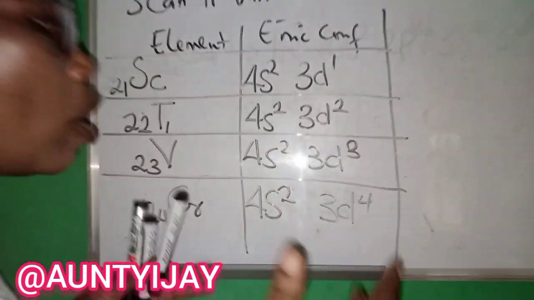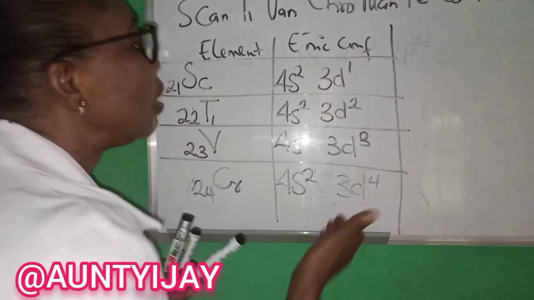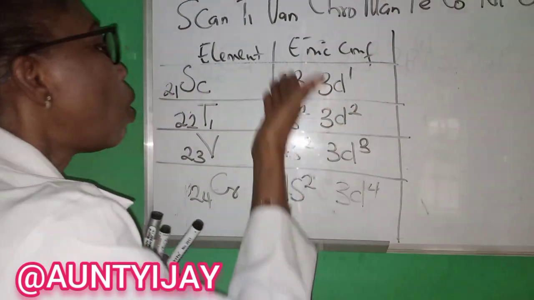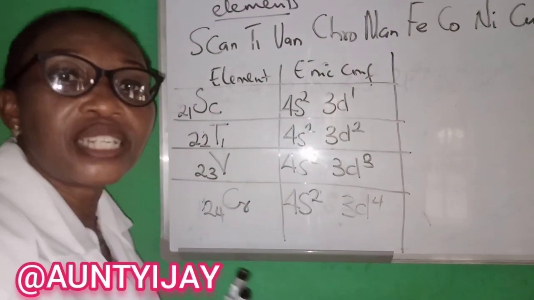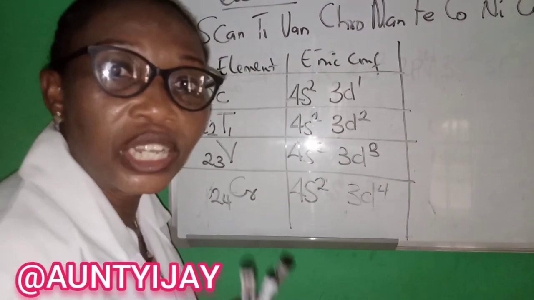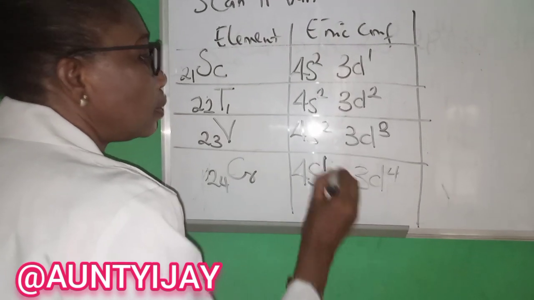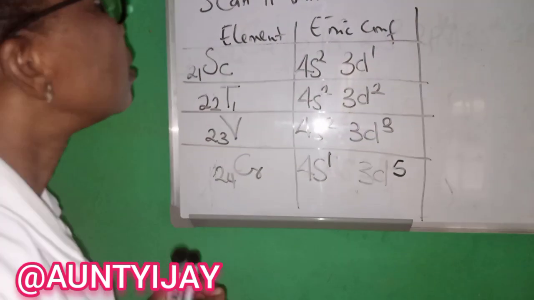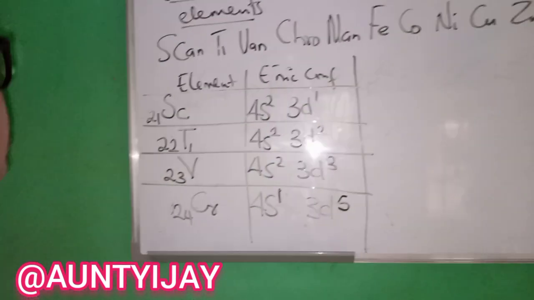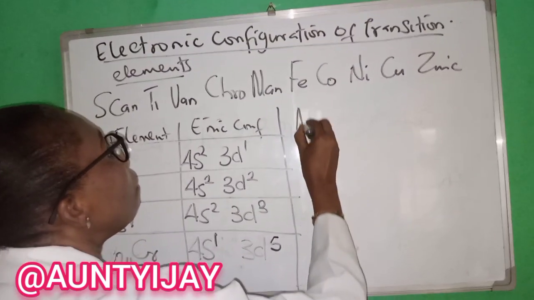I use the word promotion because the 3d orbital is higher than 4s. Some of you may be wondering why I was writing 4s before 3d; it's because 3d is of a higher energy level. So we correct and write 4s1 3d5.